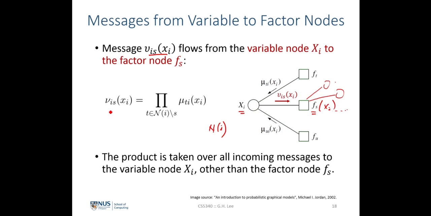So the message from i to s would be simply given by the product of all the messages from all the neighboring factor nodes, excluding fs itself, into the factor node fs.